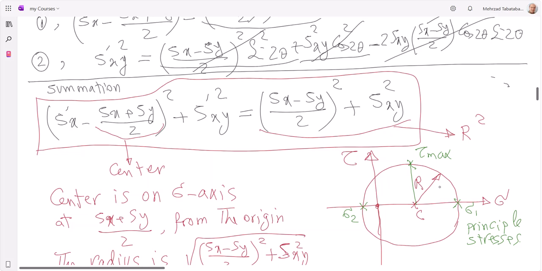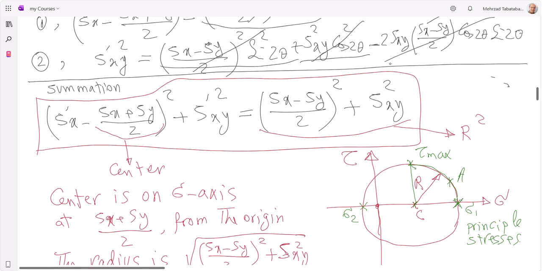So let's say you start from an initial point, say here, and then if you rotate this way, this much, then you will get to the principal stress. If you rotate in this direction, you get to the maximum shear stress. But at maximum shear stress, we will have some normal stresses. In most cases it is possible that you don't have it, but in many cases we have, because the center doesn't necessarily coincide with the origin. But definitely at principal stresses, we will have no shear.